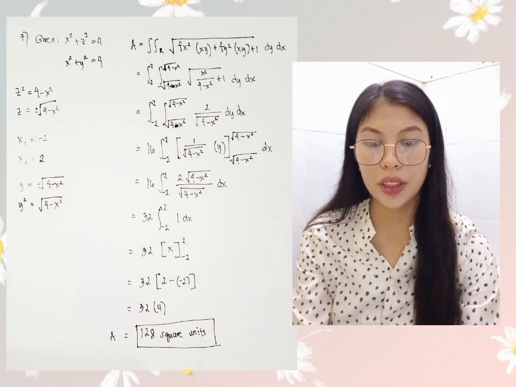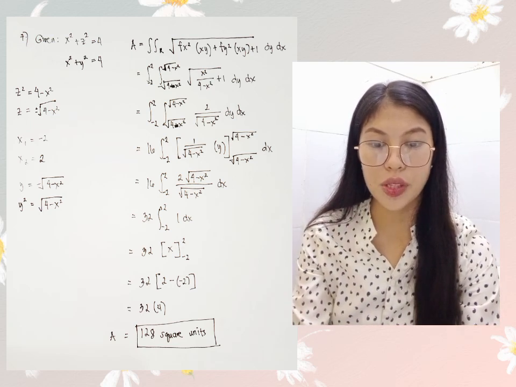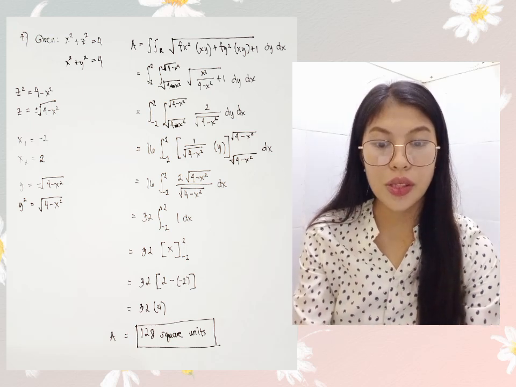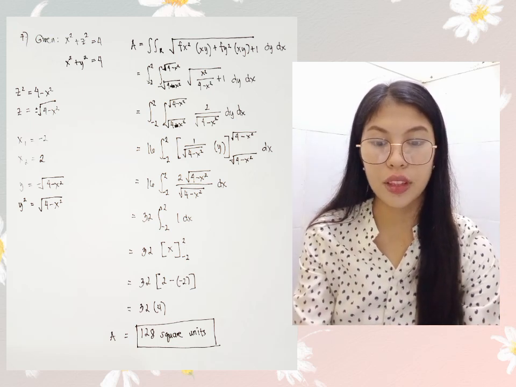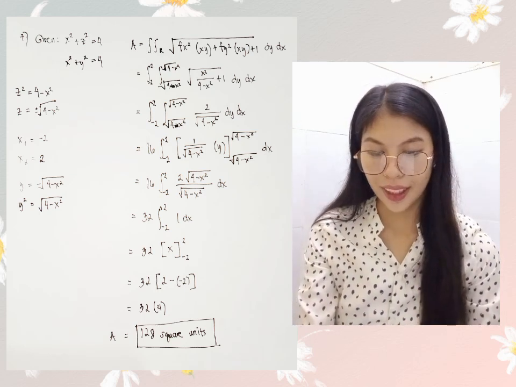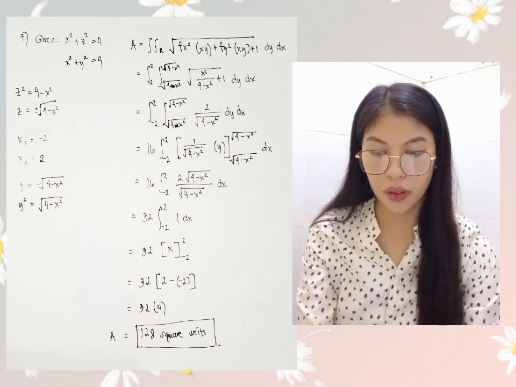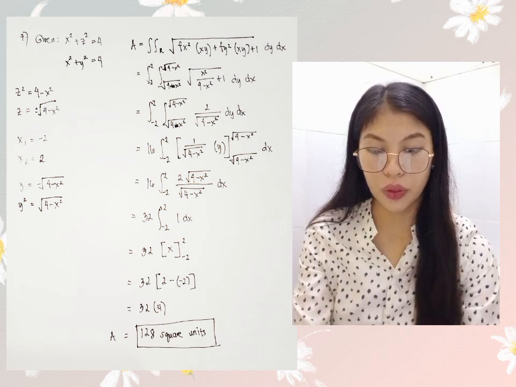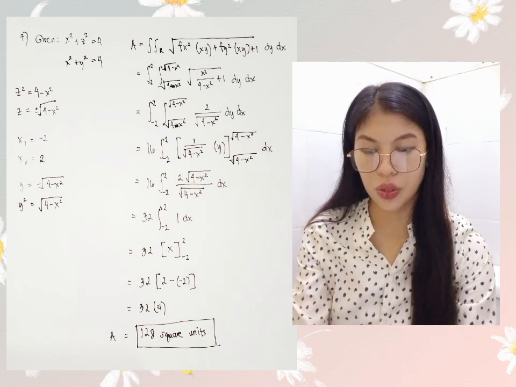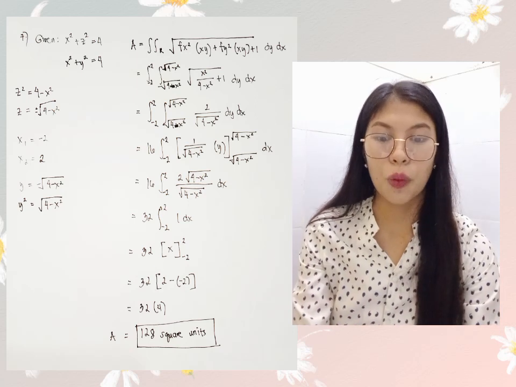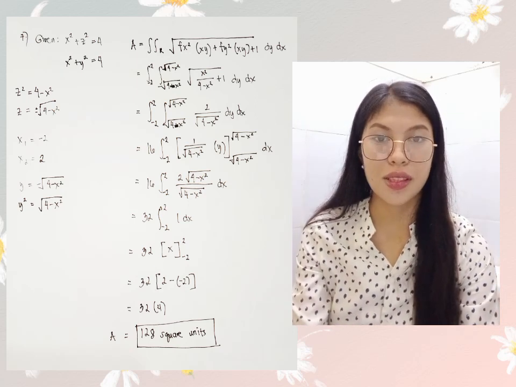So we have 32 times 2 minus negative 2, which is 4, so we have 32 times 4. So the area of the surface of the portion of the cylinder x squared plus z squared equals 4 that is inside the cylinder x squared plus y squared equals 4 would be 128 square units.